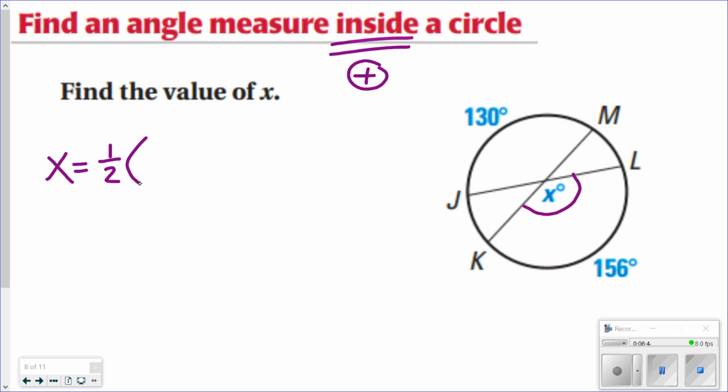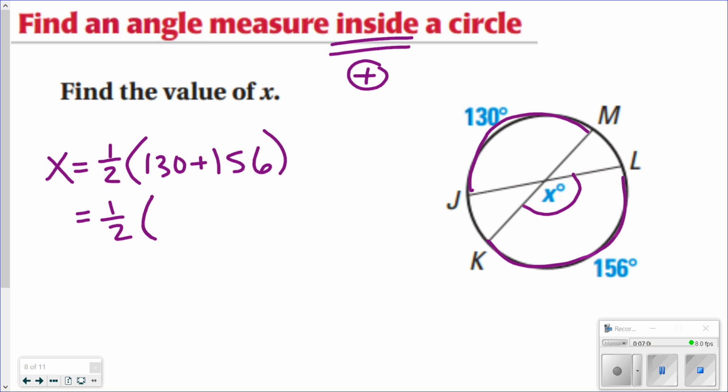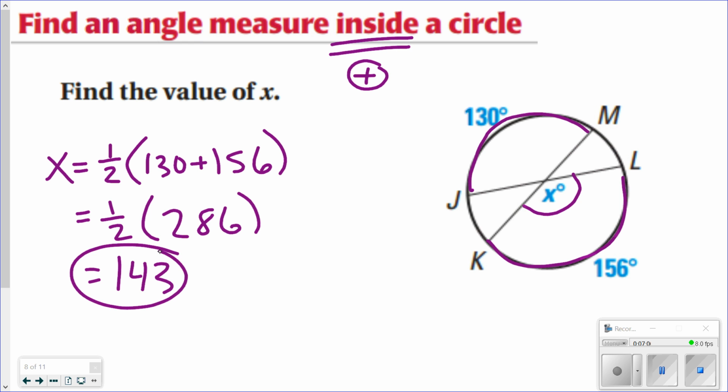What are my two arc measures? Well, one is 130. The other is 156. I can plug that right into my calculator, and I end up getting 1/2 times 286, and this simplifies to 143.